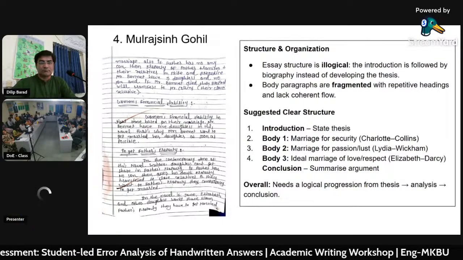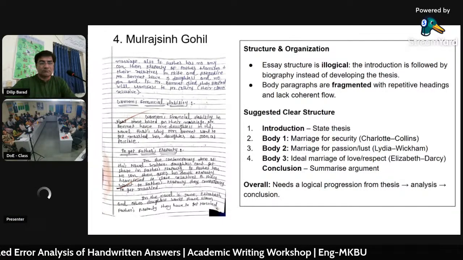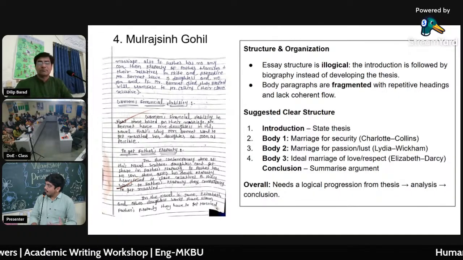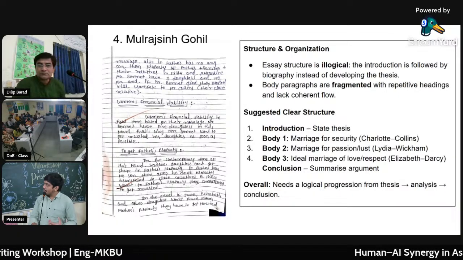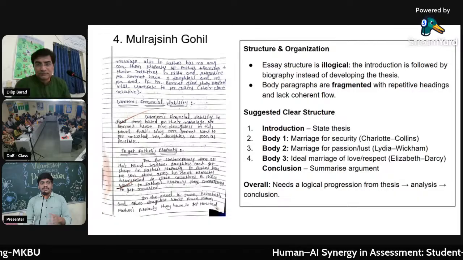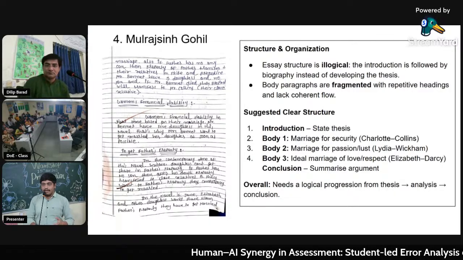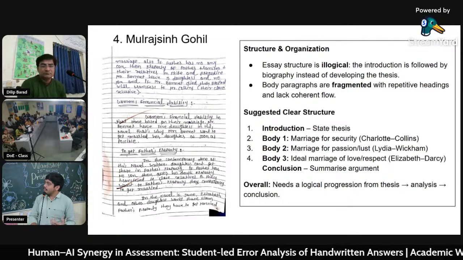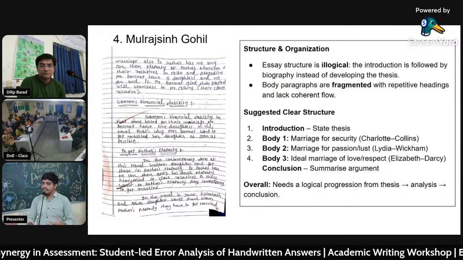Body 2: marriage for possession and lust, as in the marriage of Lydia and Mr. Wickham. Body 3: ideal marriage of love and respect, Elizabeth and Darcy. Conclusion: summarize the argument that you have made in your answer. Overall his paper needs a logical progression from thesis to analysis to conclusion.